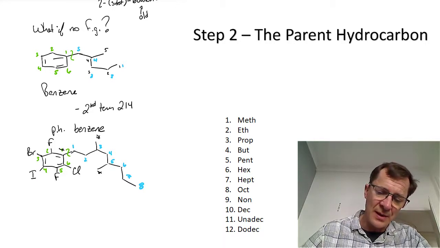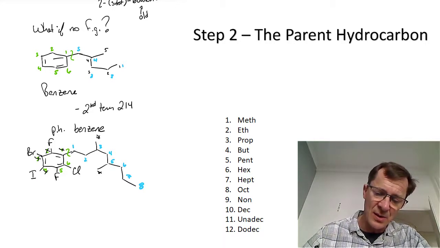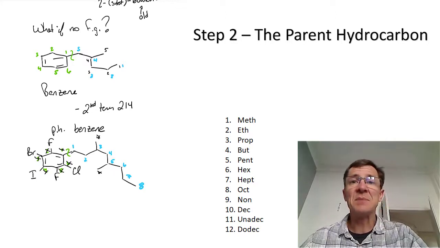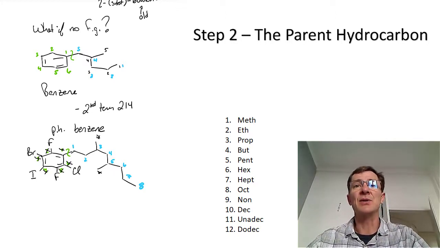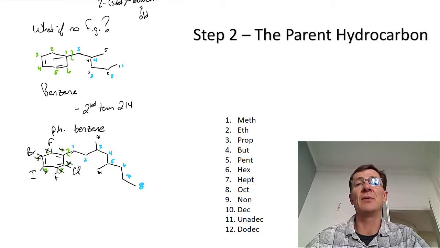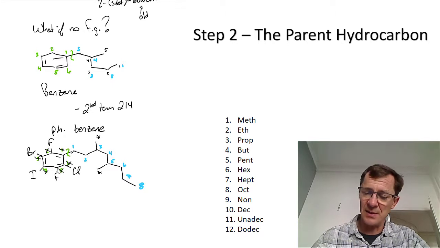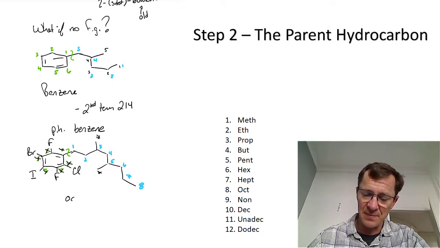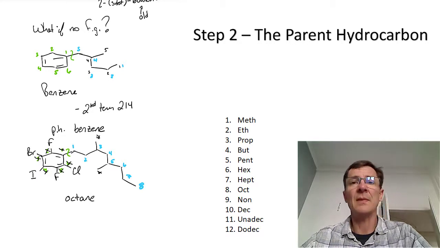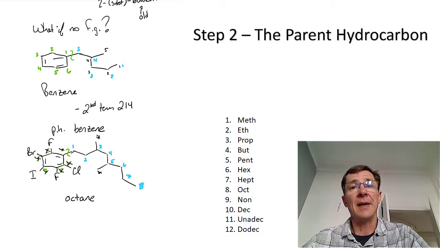But our winner here is clearly this long alkane chain, despite the fact that my benzene ring is so beautifully decorated with all these gorgeous halides, unreasonably decorated with gorgeous halides. But this is an octane. Yeah, that's pretty much it.